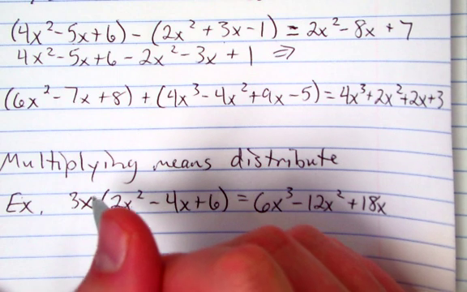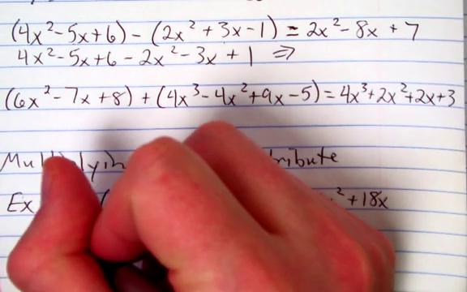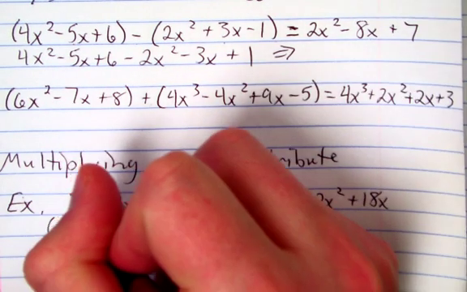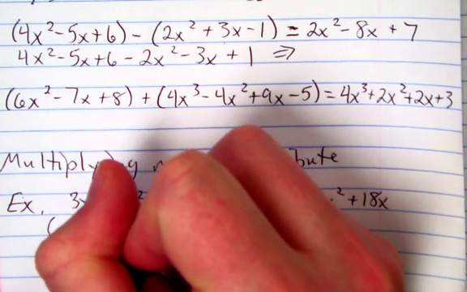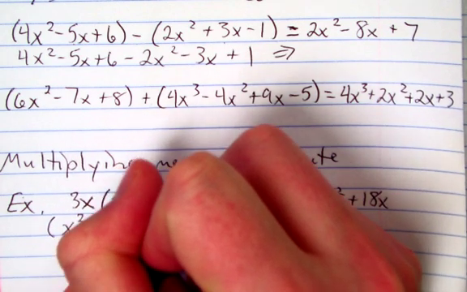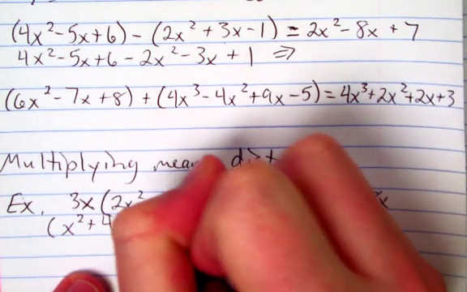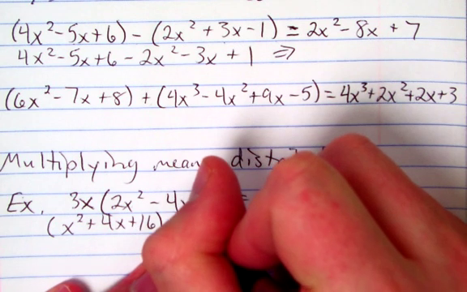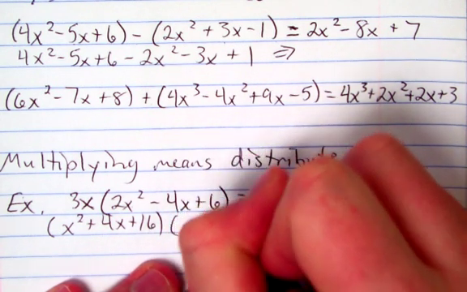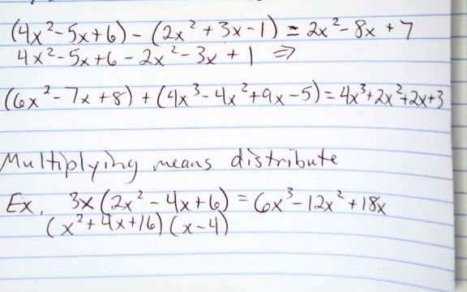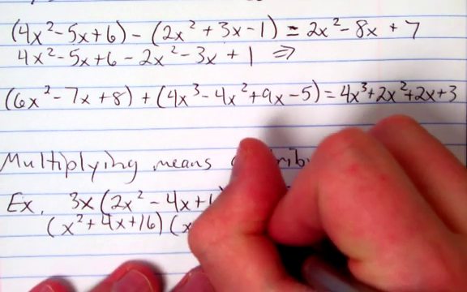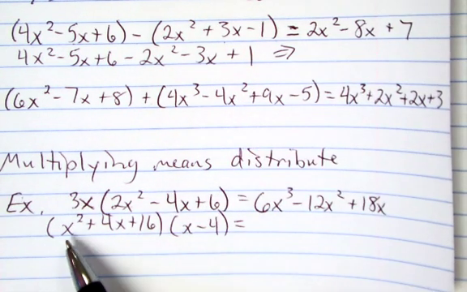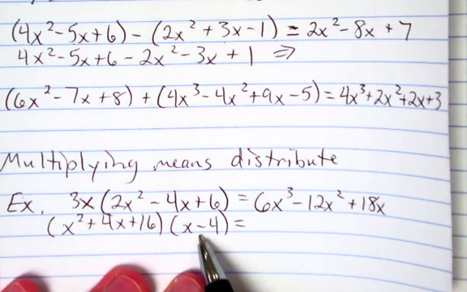This could, however, be as complicated as multiplying a quadratic, say x squared plus 4x plus 16, with some other polynomial, say x minus 4. I need to distribute every term in the first with every term in the second.